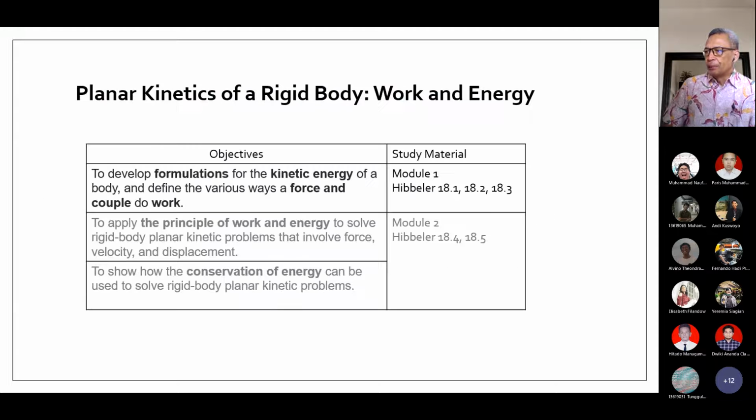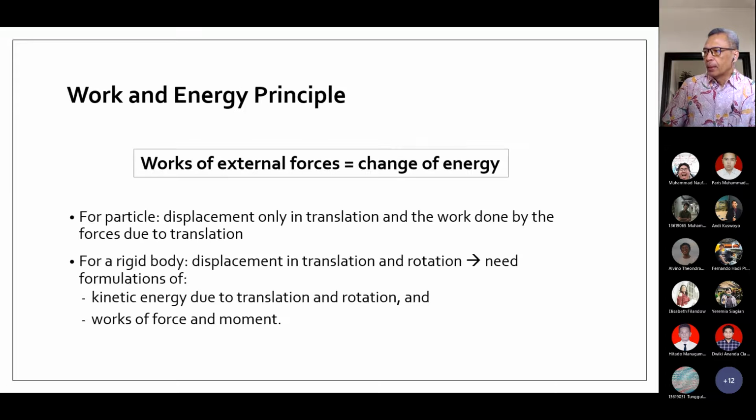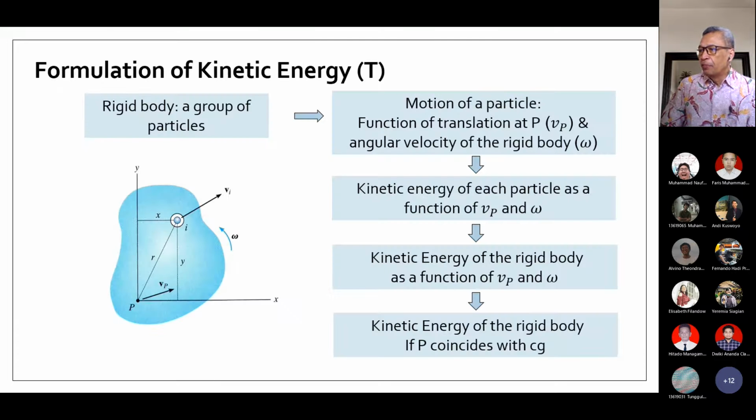So in the work and energy principle, we have to define the work done by the force and the kinetic energy of the system itself. First, we have defined how we can formulate the kinetic energy of a rigid body, and we know that a rigid body's motion can be represented by two motions, the translation and the rotation. And we can use any point on that rigid body as the reference.